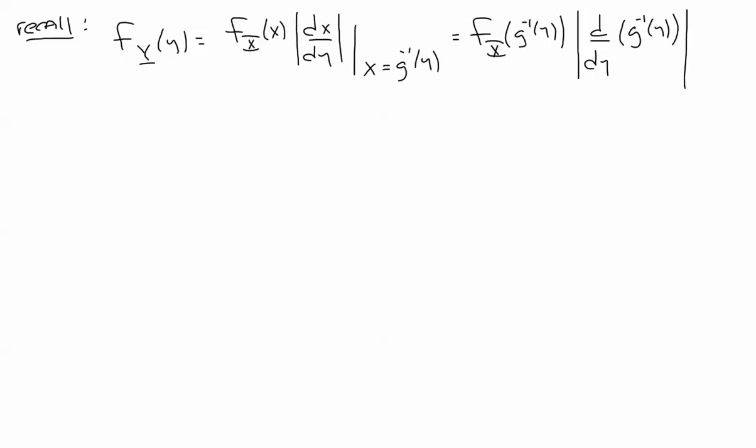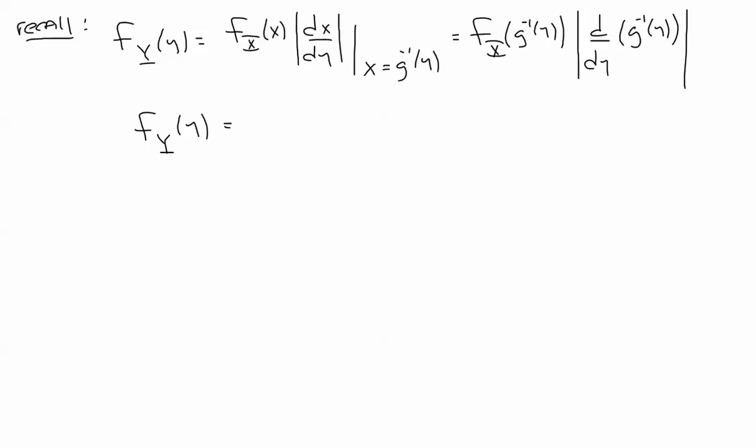All right. Now, let's take this down one step and acknowledge the fact that for this case, our probability density function in x is always uniform on 0 to 1.